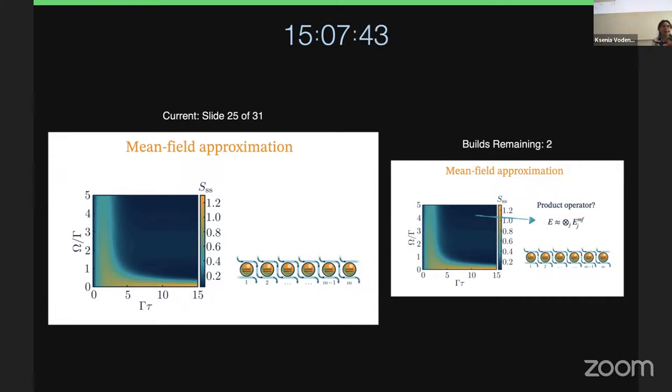But in this specific regime, after the second round trip, the photon doesn't bring much change. But we can talk a little bit about it later if it's interesting.